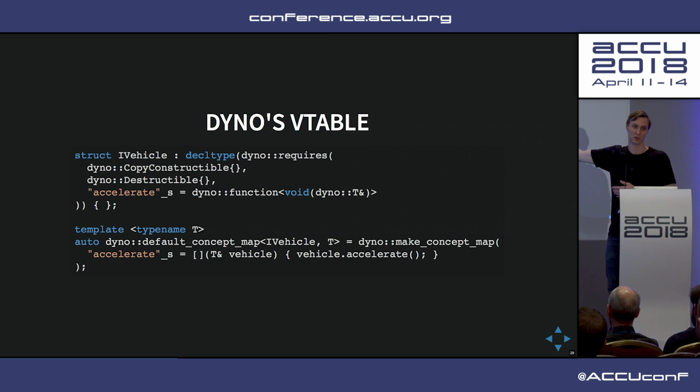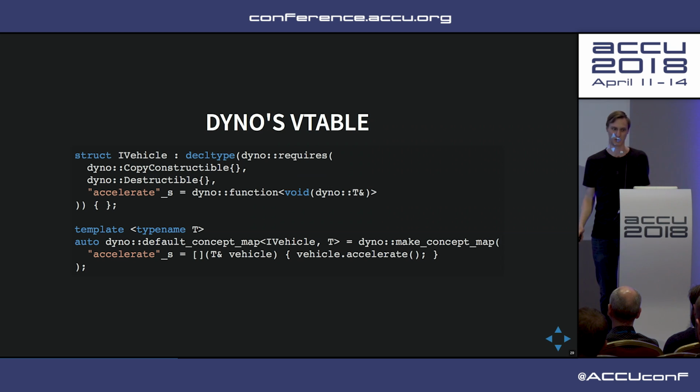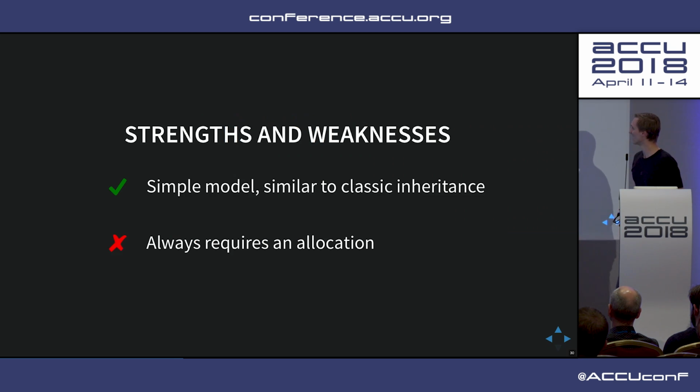So this says the Vtable is going to have to contain a copy constructor, a destructor, and also an accelerate method, which has the following signature: it returns void and takes a reference to something, right? Then I specify what the implementation is. Anyway, I'm going to fly over that.